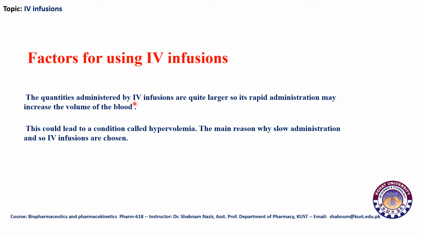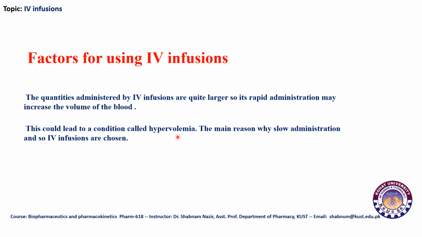And if this much quantity is provided so rapidly, there would be a buildup of the volume of the blood, a sudden increase in the volume of the blood. This is a well-known condition which is called hypervolemia.